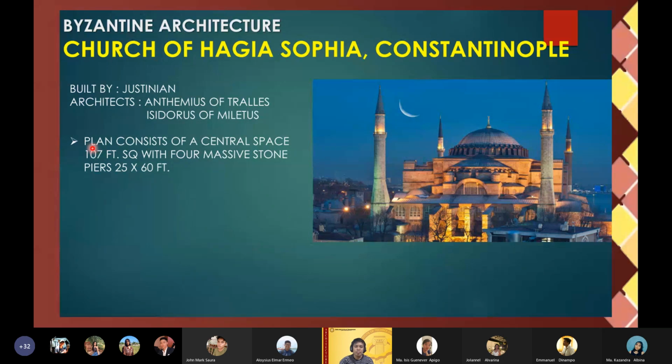So for the floor plan, the plan consists of a central space 107 feet square with 4 massive stone piers. So 25 by 60 feet. So actually, I haven't experienced a board exam with numbers or sizes of old buildings. So siguro na uban ganahan nga memorize ang height, ang width, ang area, but mostly dili na kay na siya needed na information.